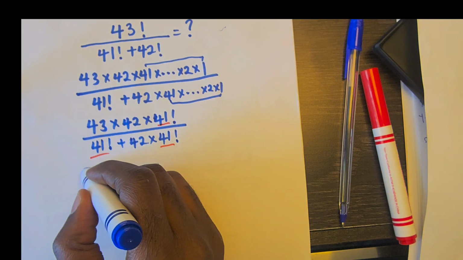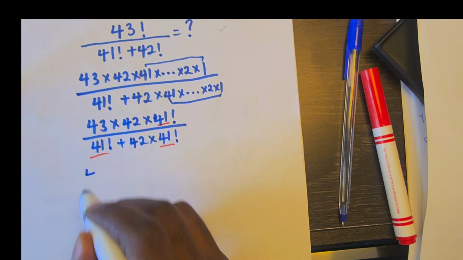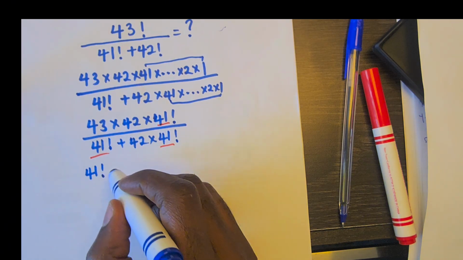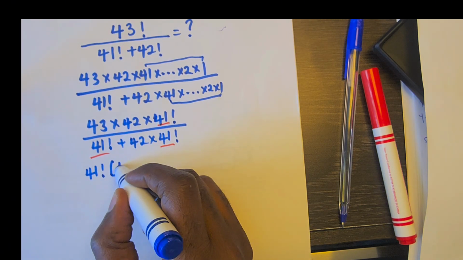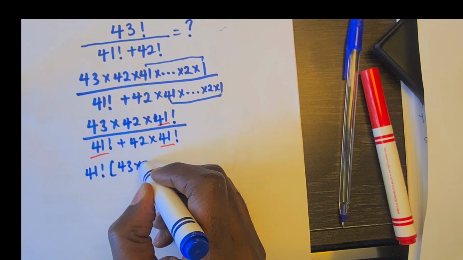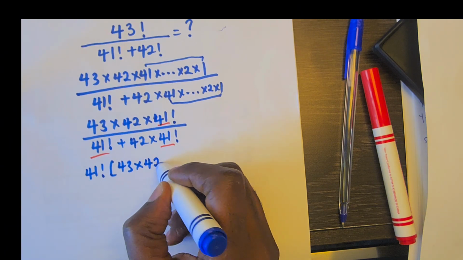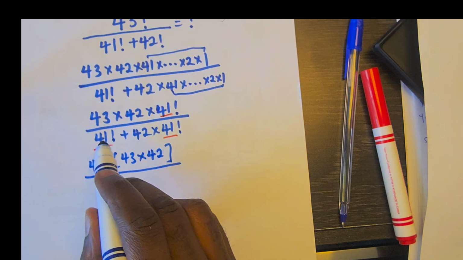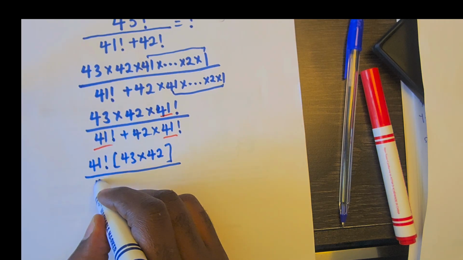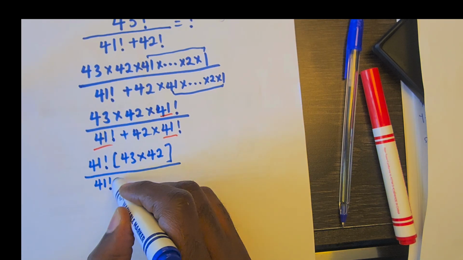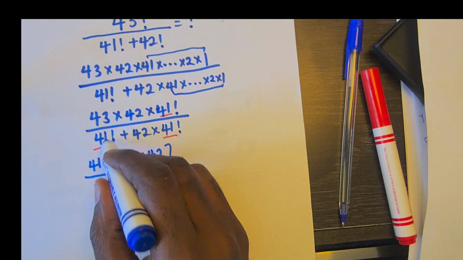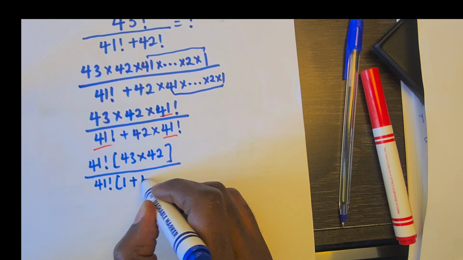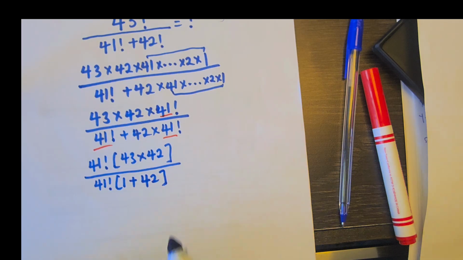So for the numerator here, I'm going to have 41 factorial, and in my parentheses, I have my 43 times 42. So below here, 41 factorial is common. So I'm going to factor 41 factorial out. And here I'm going to have 1 plus, here I'm going to have 42.